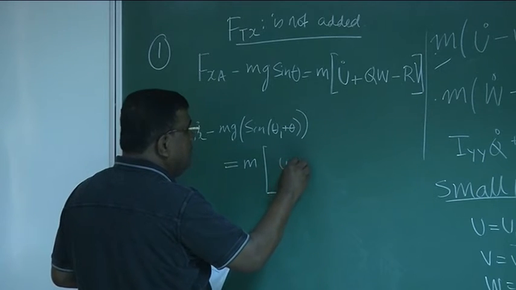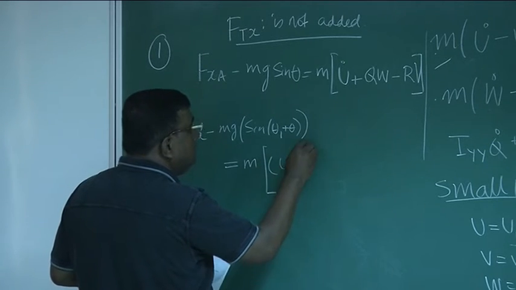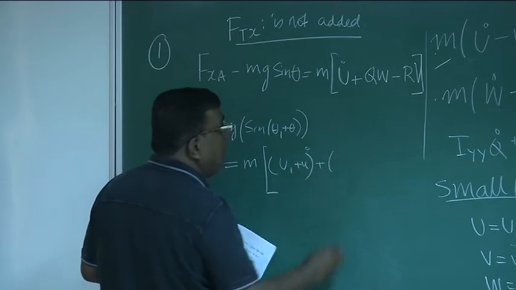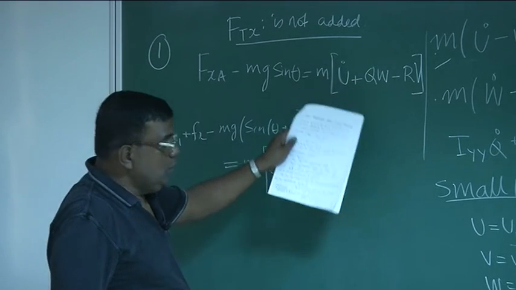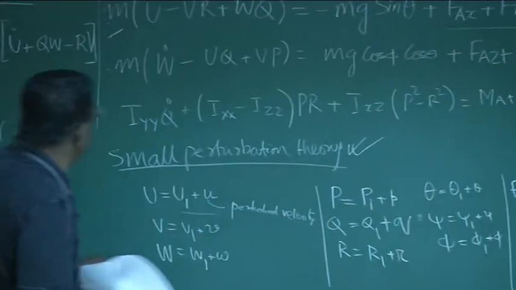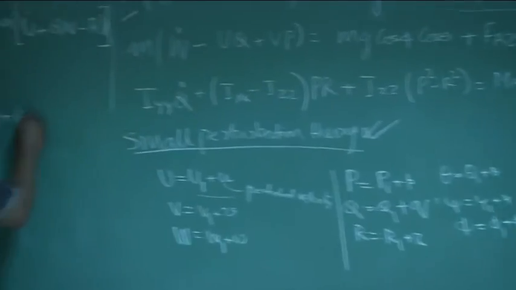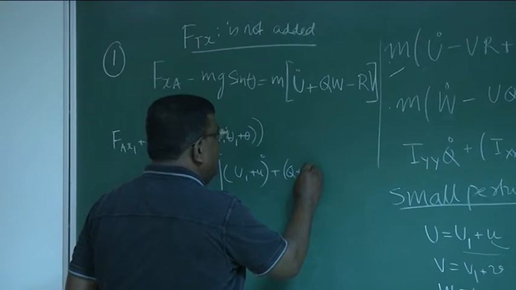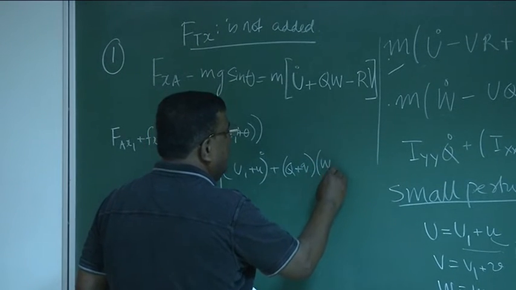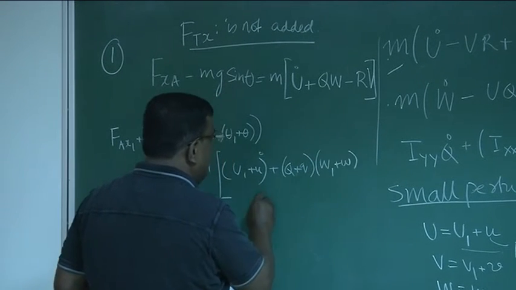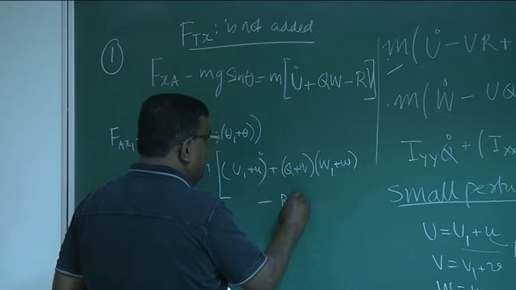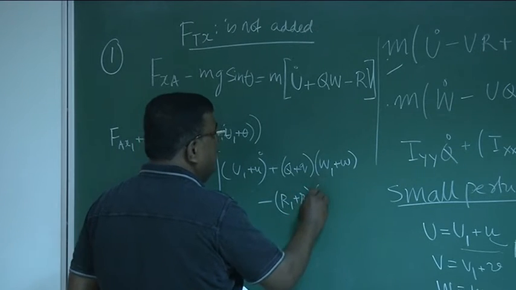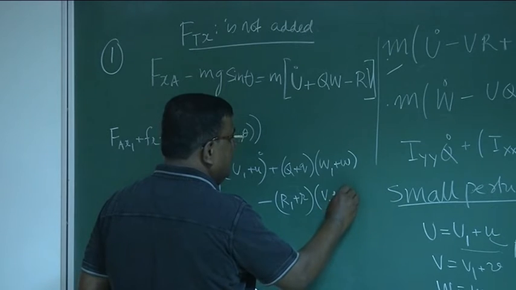So u1 plus u dot, plus, for q, I will write q1 plus small q. For w, I write w1 plus small w, minus r. For r, I write r1 plus small r, and for V, I write V1 plus small v.